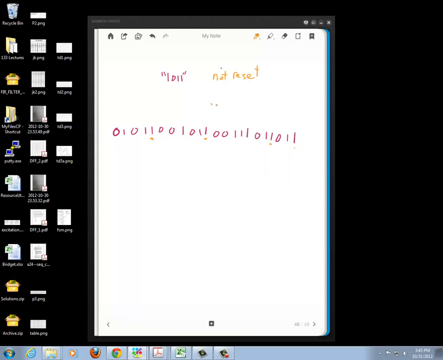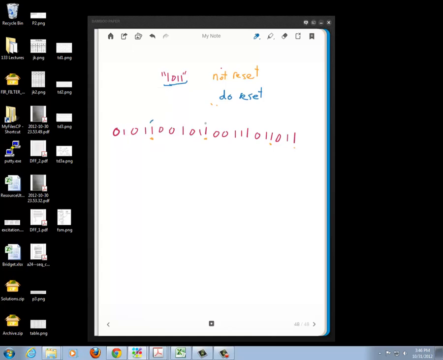Now if we do reset, we have to find this sequence all by itself, meaning that the 1 cannot be part of the previous sequence. So in this case we have 1011, we get a detection.